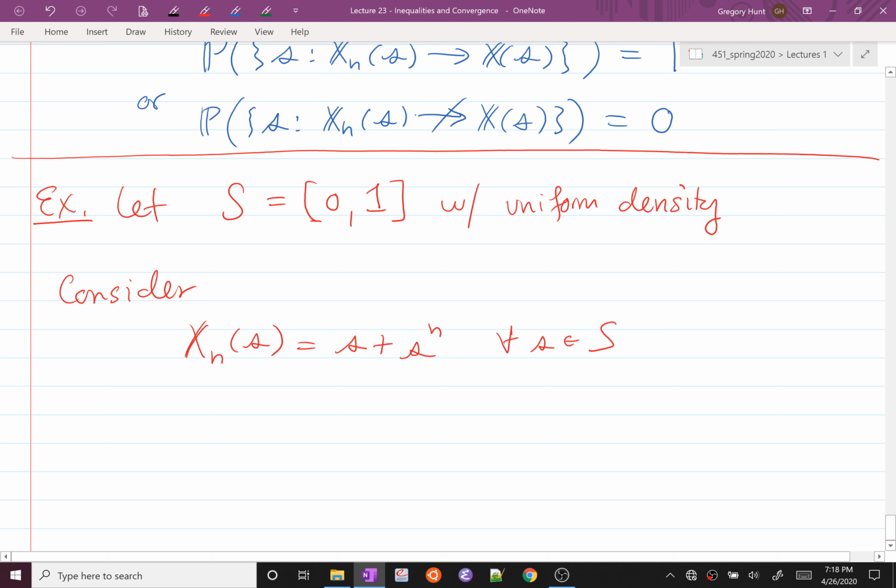We don't typically think about it as a function from the sample space to the real line, but it is. And so that's our xn's, and we're going to define x of s, the limit, to be just s, i.e., our limit is uniform 0, 1, basically.